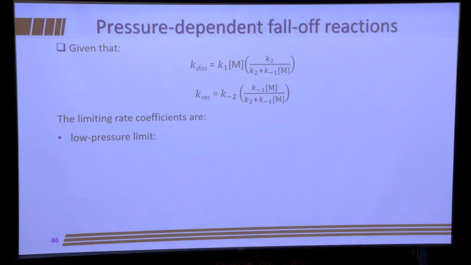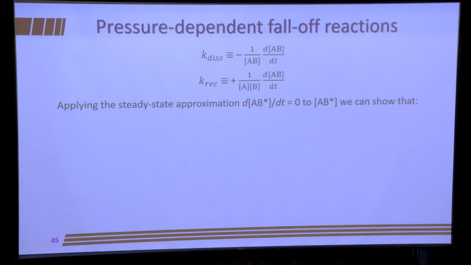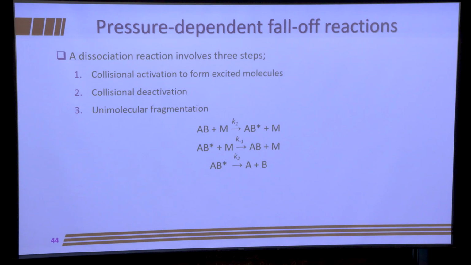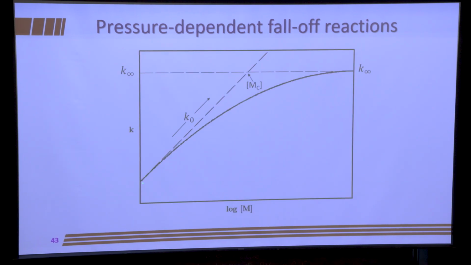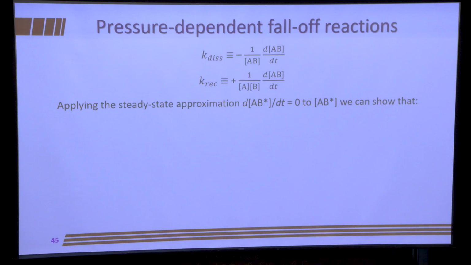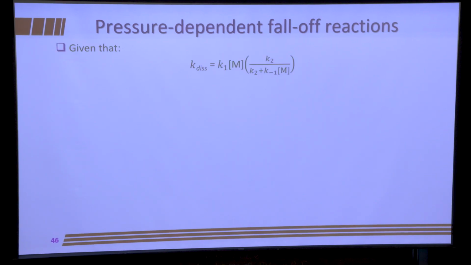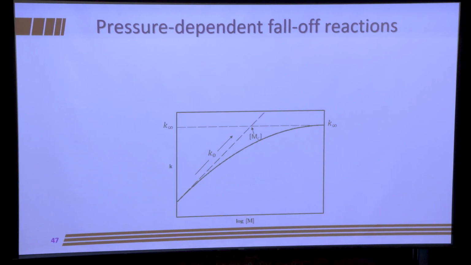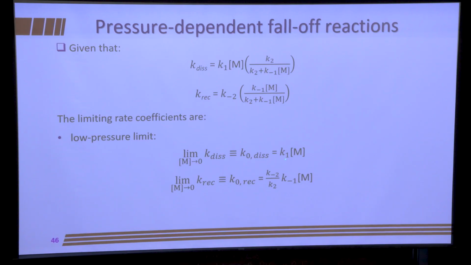And that's why in this graph, it's linear here at very low concentrations of M. So it's equal to K1 times the concentration of M, essentially, is what we're seeing here in this period. Okay, so it's equal to K1 times the concentration of M.